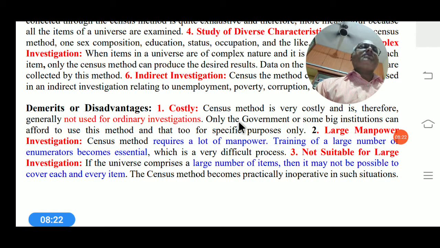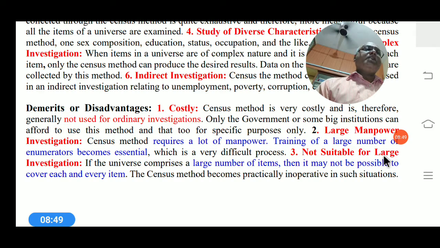It is very costly. Second, large manpower is required for the census method, and trained manpower is most essential. This large number of trained people has to enumerate the different types of units in the population, which is a very difficult process.